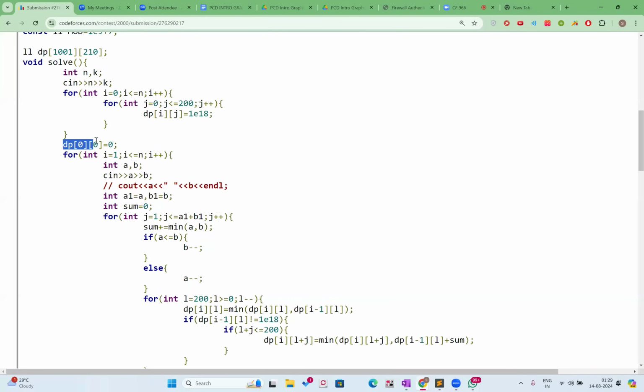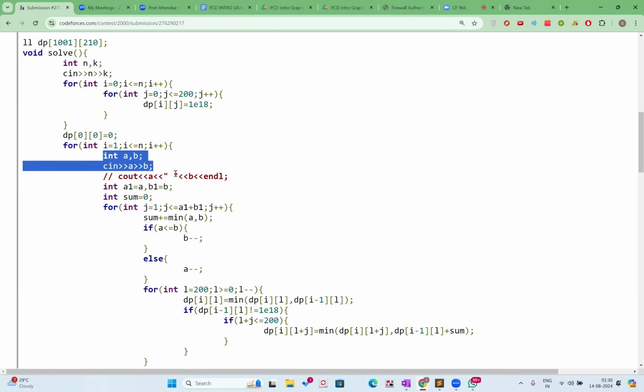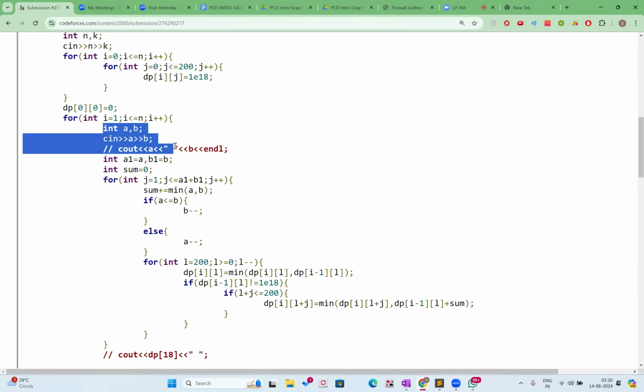One thing to note here is DP of 0, 0 is 0. It means up till the 0th index I have not taken anything, and I have a score 0 that requires 0 cost, right? Yes. Okay. Now I'm taking the input of the rectangles a comma b.